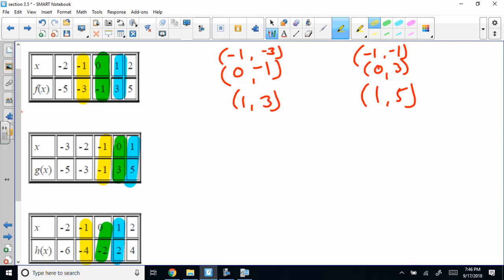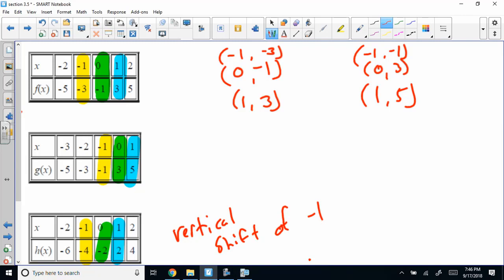That's just, h of x went down by 1, didn't it? That's the only thing. It went down. It was a vertical shift of what? Between these two? Yes or no?